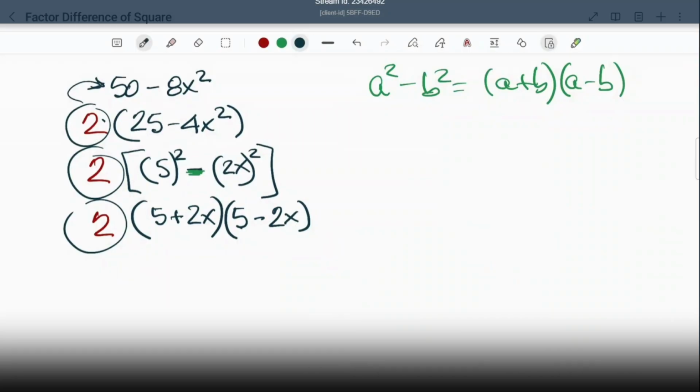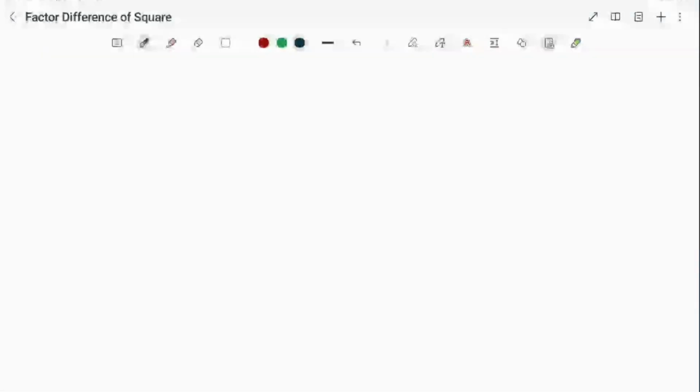Let's solve another exercise. The following exercise, guys, has only one intention. Let me write the exercise. The exercise is 3x to the square plus 27.